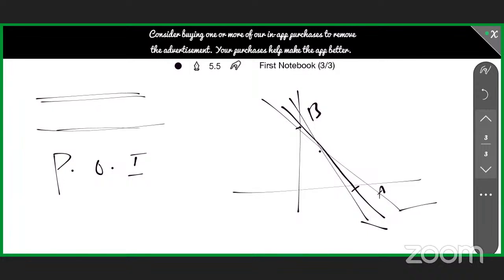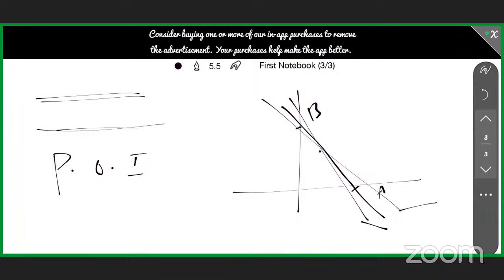Three by two. Pardon? 3/2, sir. Point of intersection is what? x comma y should come. 0, 2. No, wrong. We should get a fractional number.